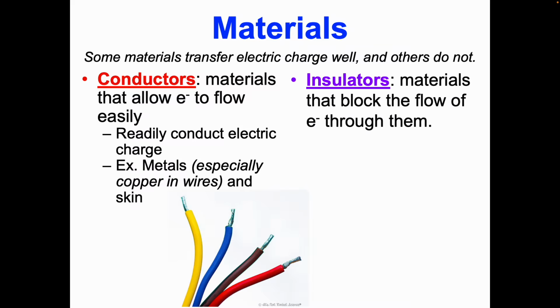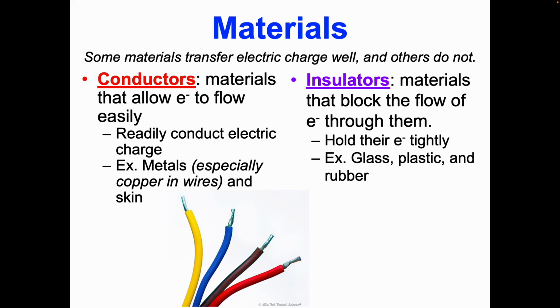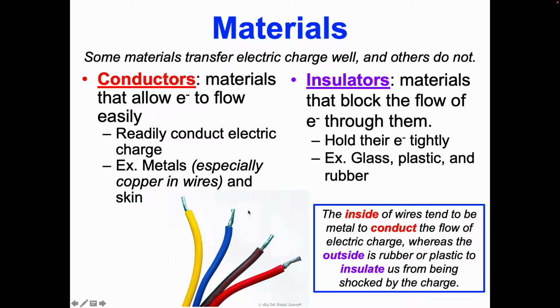Insulators are materials that block the flow of electrons through them. Insulators hold their electrons tightly and don't let them flow easily. This is materials like glass, plastic, rubber. And this is why when we have wires, you'll often see that the inside of a wire is some sort of metal that will conduct the flow of electric charge, and then the outside of the wire is going to be a rubber or a plastic or something that's going to insulate the person who's touching the wire from the charge so that we don't get shocked every time we're plugging in our phone to charge it.